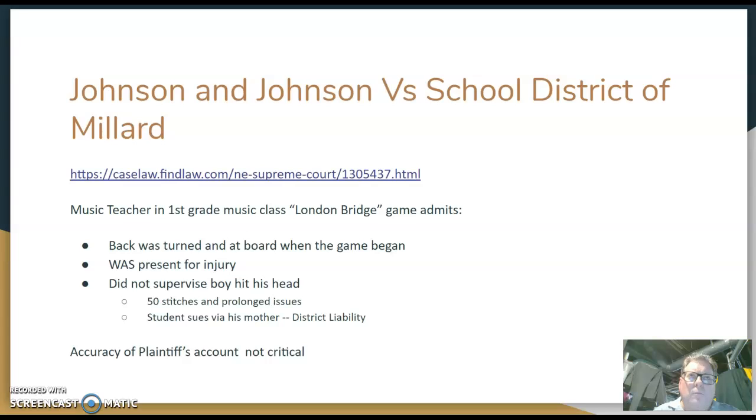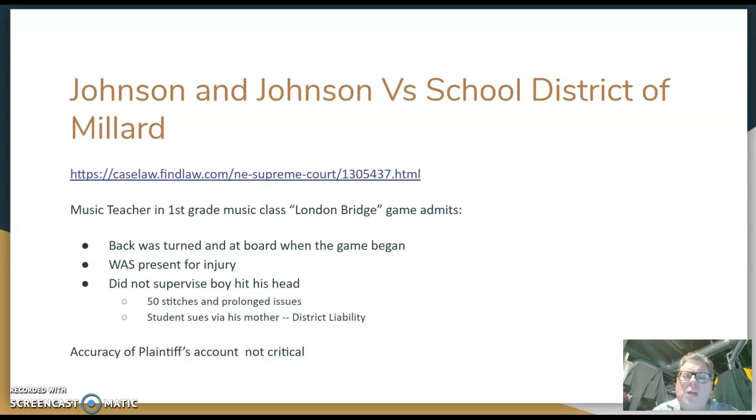Once the teacher directs the first graders, tells them what to do, lines them up, starts the music, the first little boy, whose name is Johnson, goes through, and with differing accounts, it gets a little bit rough, and Mr. Johnson winds up hitting his head on a bookshelf, which needs 50 stitches to close and has some prolonged recovery issues.